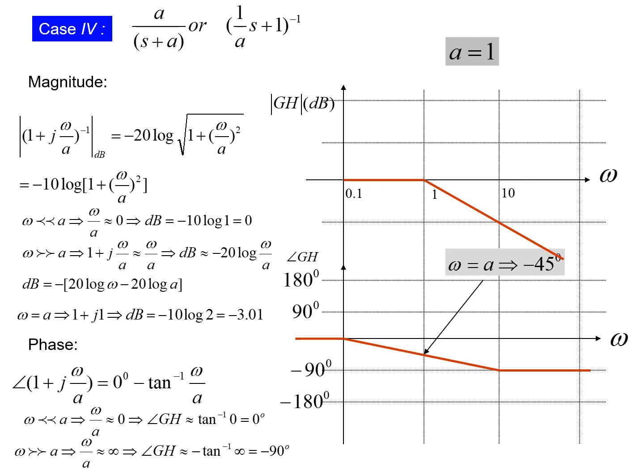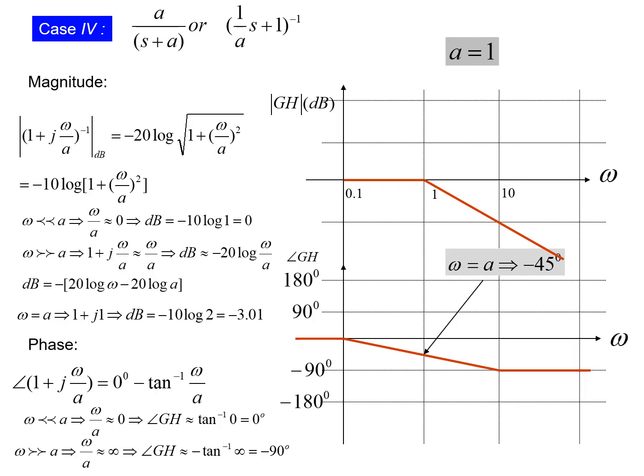This is the result. This is the plot. And we can also write it as minus, in the bracket, 20 log omega minus 20 log a. This is the mechanism of how to plot this.